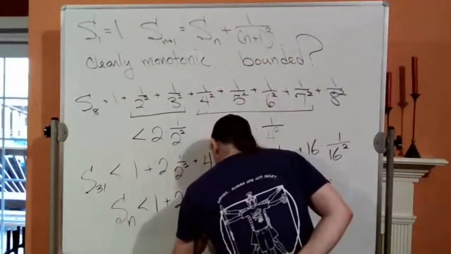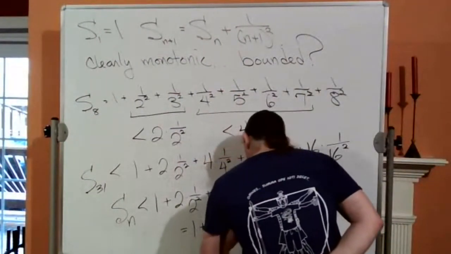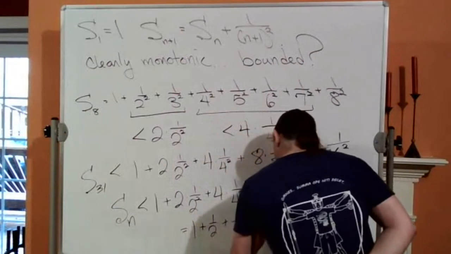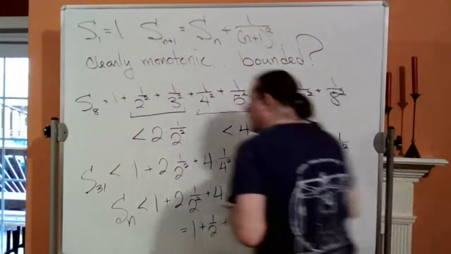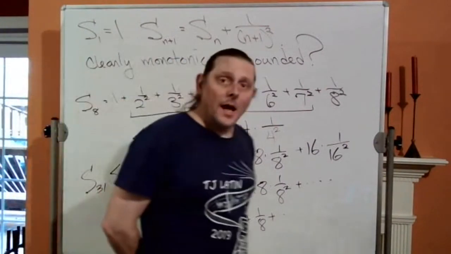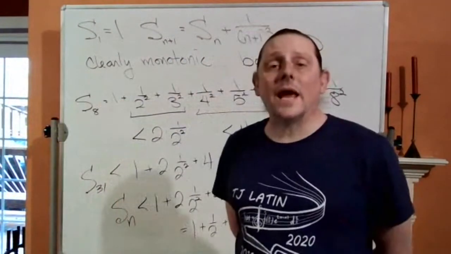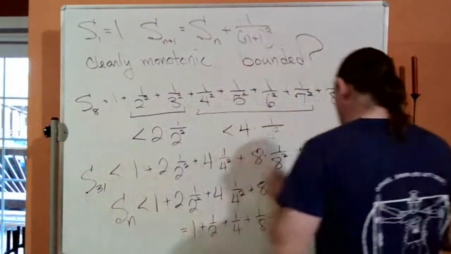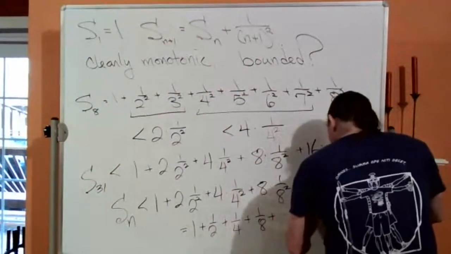And that's 1 plus a half plus a fourth plus an eighth. And that's a geometric series, an infinite geometric series. The sum of this series has been known since ancient times to be 2.